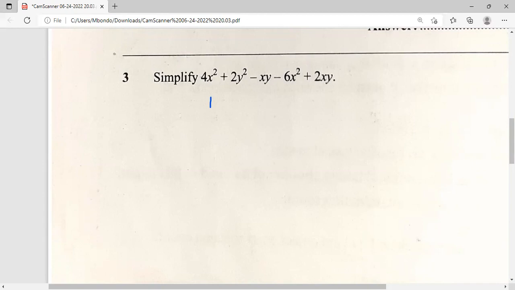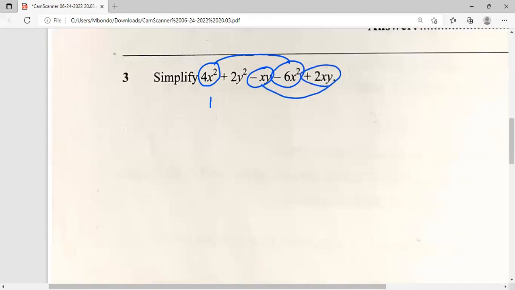So this one is a like term to this one here. We can actually capture the sign as well. Then this one is a like term to this one. Do you see that?